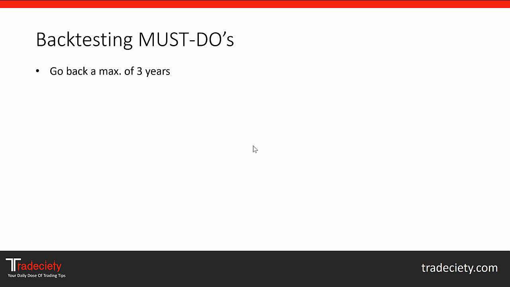For strategies on the daily charts, 2 years is enough. Weekly charts, okay, 3 years if you want to. But as long as you can get a sample of, say, 50 to 100 trades out of a given year, so 1 trade per week basically, then stick to the last 1 or 2 years.